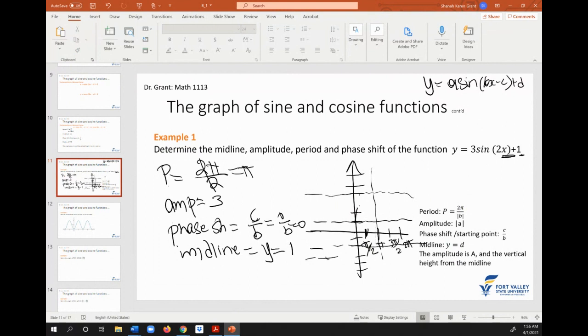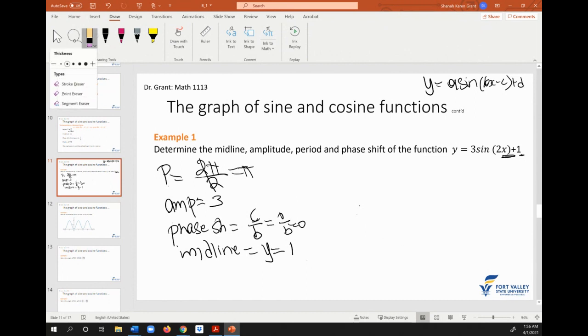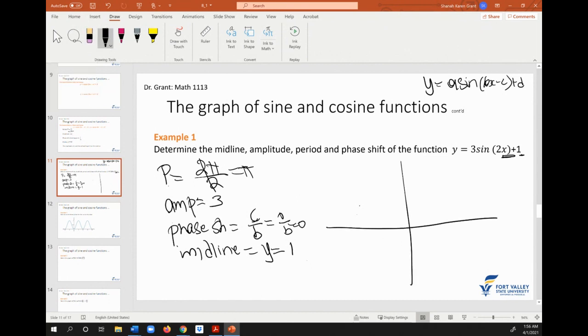So it looks something like, let me try to make it a little bit wider so we can see. So it should look something like this. That's what it should look like with y being 1, your center. All right.